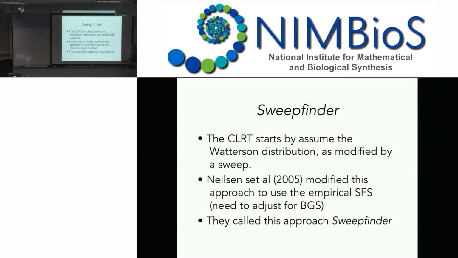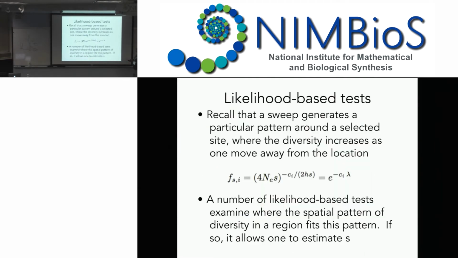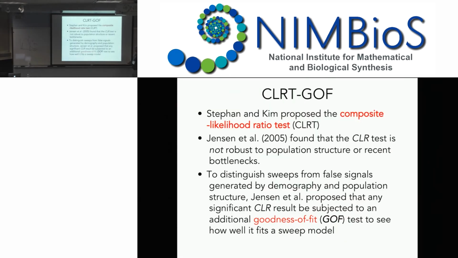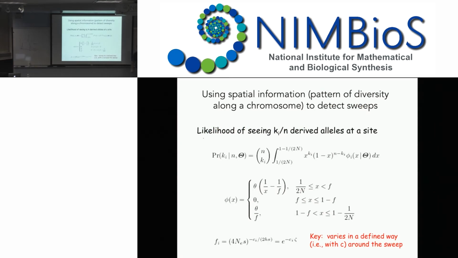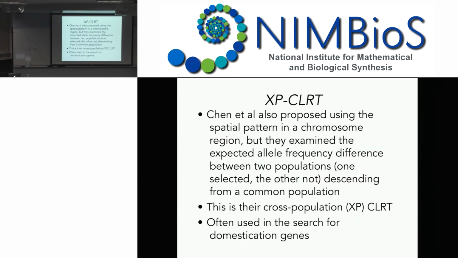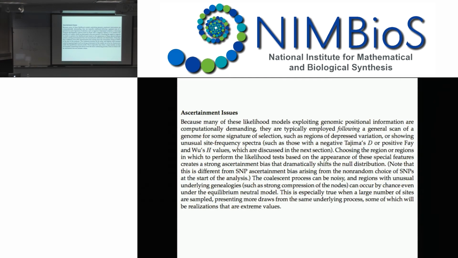And that curve is also going to vary basically following this form here. So the cross-population test is, I sample a reference population I assume hasn't been selected and a selected population. For example, Han Chinese and Tibetans, with the idea that excessive allele frequencies in Tibetans are due to adaptation to elevation. So this is often used in the search for domestication genes.